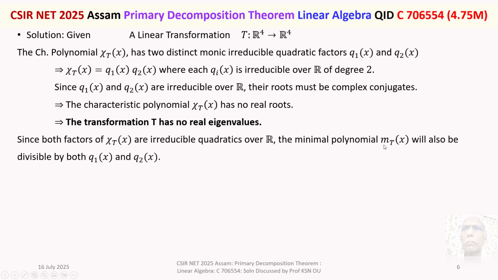It will also be divisible by q1 of x and q2 of x, and thereby the minimal polynomial of T will be the characteristic polynomial of T, the product q1 of x into q2 of x. Right. Once we see this scenario here, we remember a famous theorem. That famous theorem is the Primary Decomposition Theorem.